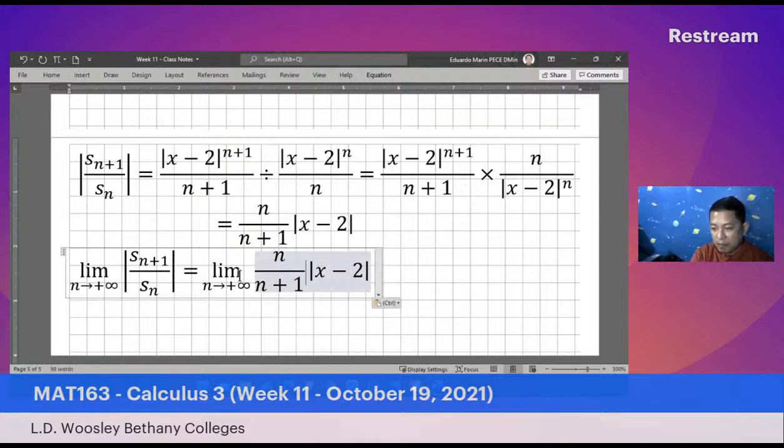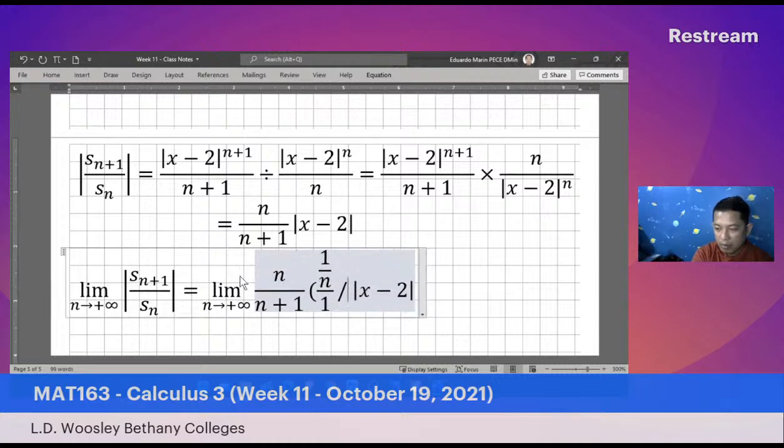However, we can manipulate this such that what you have is 1 over n over 1 over n.